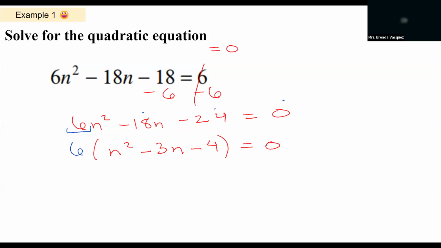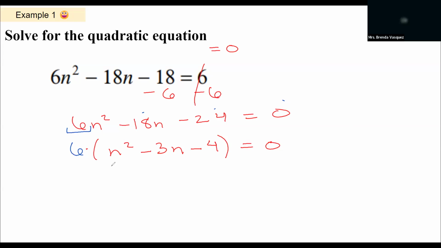Okay, step by step. Now, if we were to make the polynomial inside, n squared minus 3n minus 4, equal to 0, and we multiply it by 6, what would be the solution? It would be 0, right? So are we interested in this 6 now?